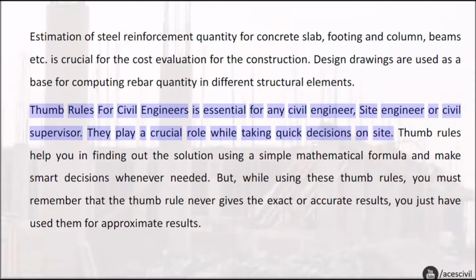Thumb rules are essential for any civil engineer, site engineer, or civil supervisor. They play a crucial role while taking quick decisions on site.